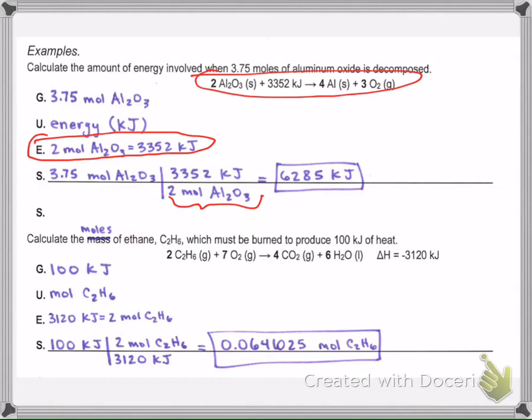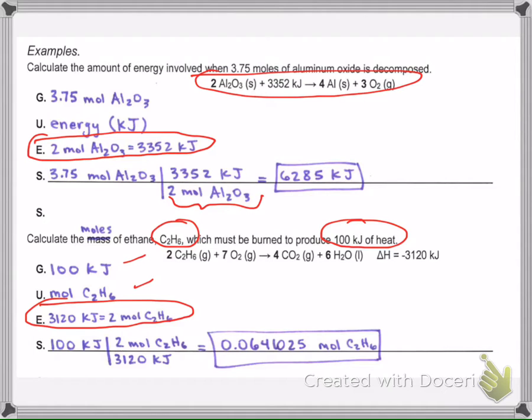Next one is the same idea. Here they're asking us to calculate the moles of ethane, which is this substance here, C2H6. And my given is 100 kilojoules of energy. So I start with my given. I'm looking for moles of ethane. And per my balanced chemical equation, they're saying that 3,120 kilojoules of energy are used to produce 2 moles of ethane.